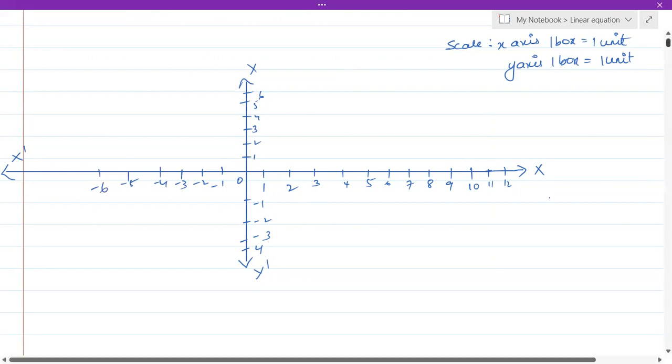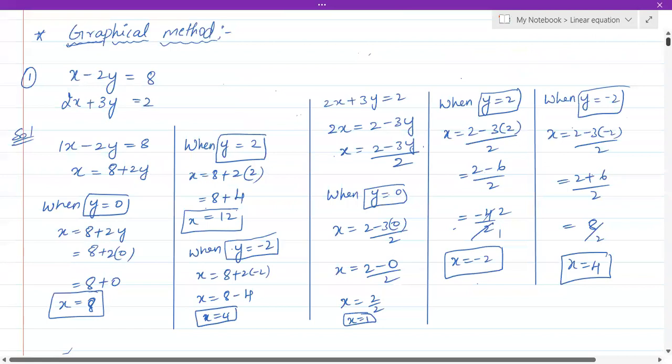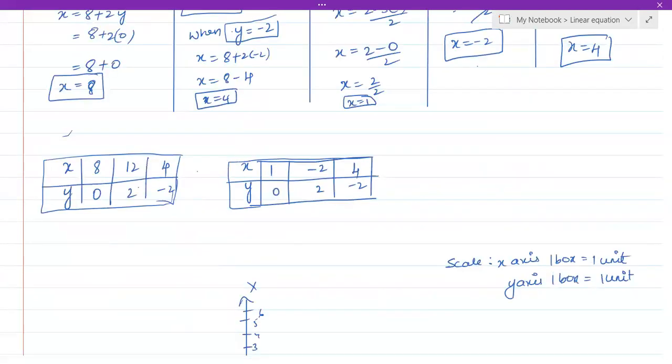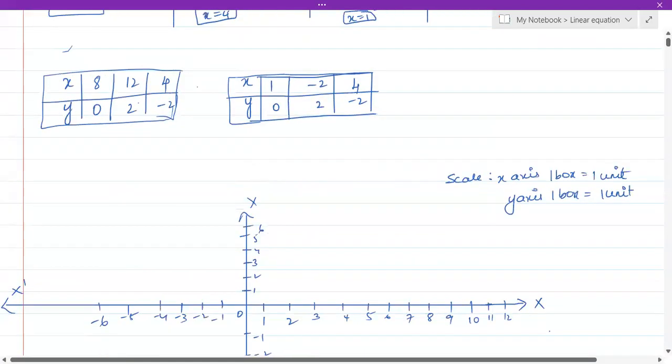Okay, so let's plot for this now. Let's look into the two boxes that we have created. Let me bring them down. Yeah, now I guess you can see it.